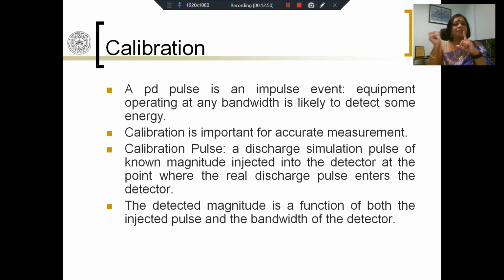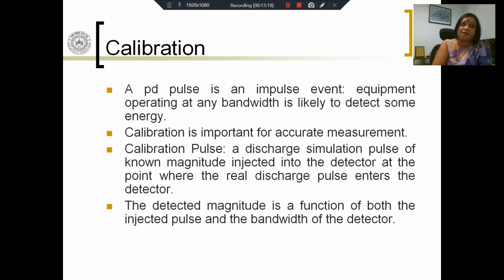You will set the measuring equipment to read 5 pC when this calibration pulse is injected through your test specimen. The pulse that reaches the oscilloscope may not actually read 5 pC, it will read some value. We know that this value corresponds to a real value of 5 pC because we have injected this pulse. So we will set the oscilloscope to read 5 pC.